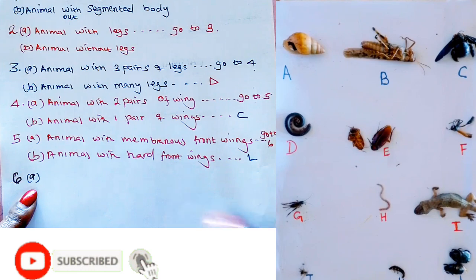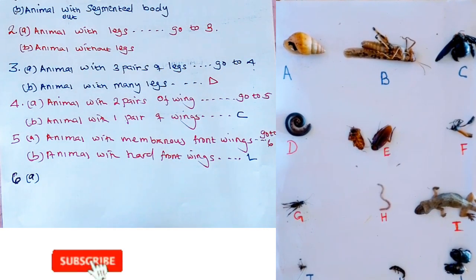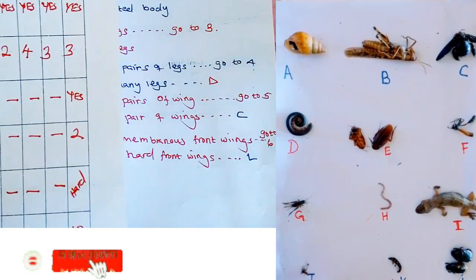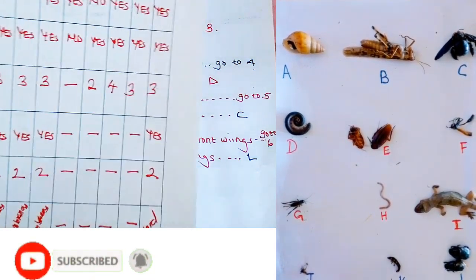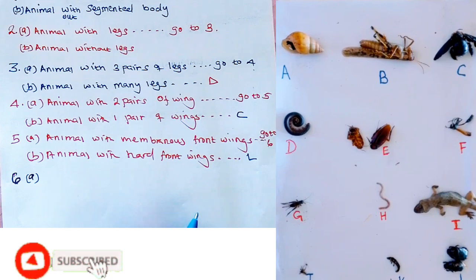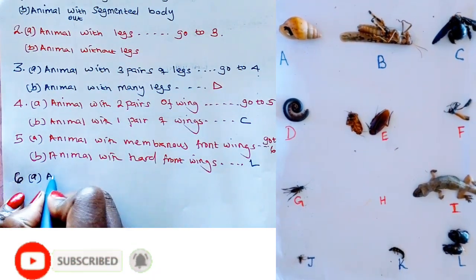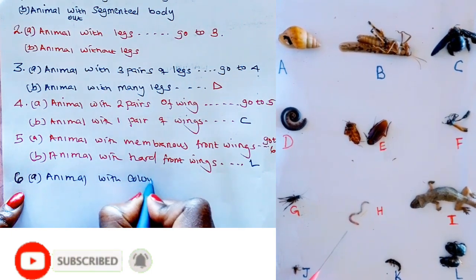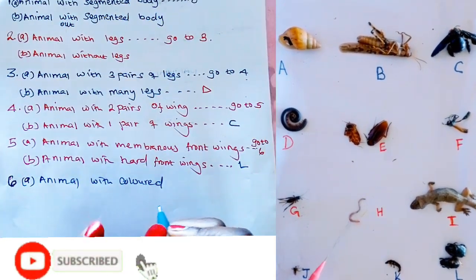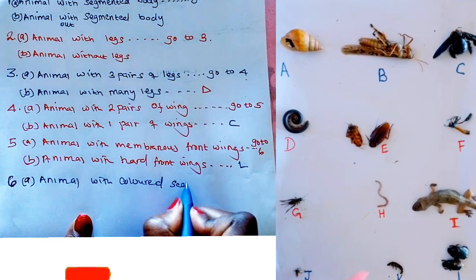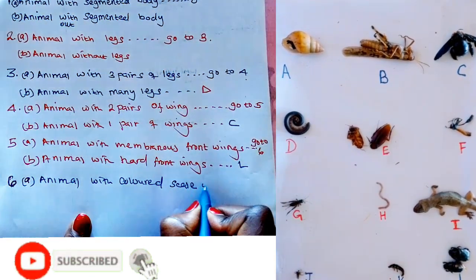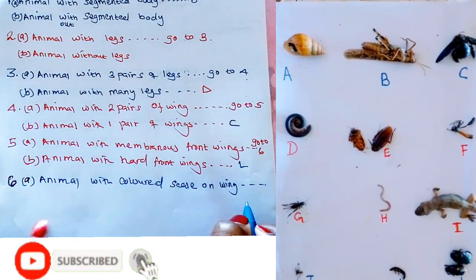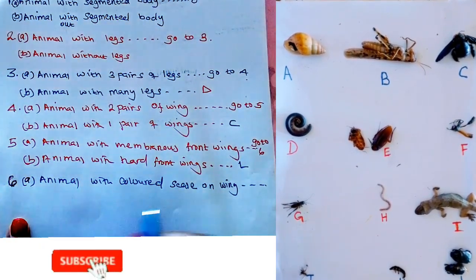We can talk of B so that we identify B, because we have only B with colored scales on the wings. Animals with colored scales on the wings. This is B.